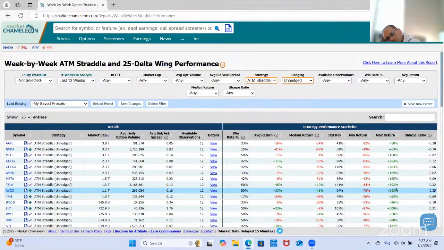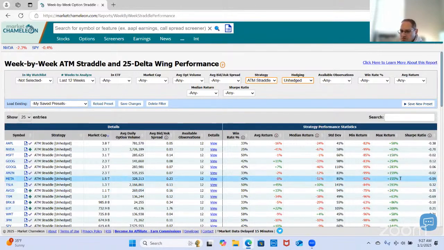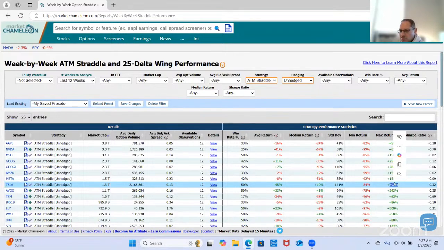So you could see why it's not only the win rate, the frequency of the success, but also when it is successful, the returns could be very high. You could have a very big move in a stock, and that straddle could return more than 100%, 200, 300, almost 400% in this case.